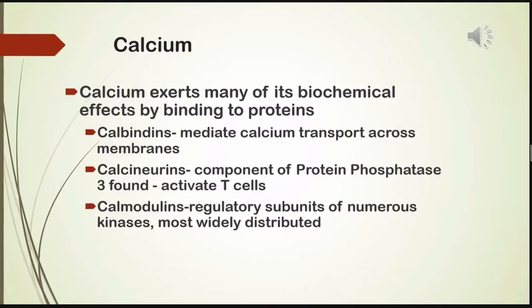Calcium exerts many of its biochemical effects by binding to proteins. Examples of these proteins are your calbindins, like what was given as an example before in the absorption of calcium. Your calcineurins, which is a component of your protein phosphatase 3, which could activate your T cells and has a great effect on your immunity.